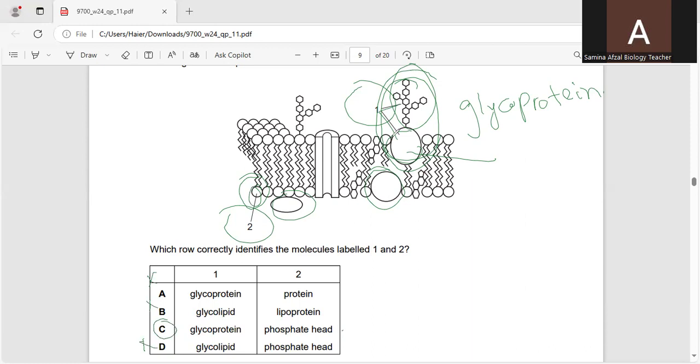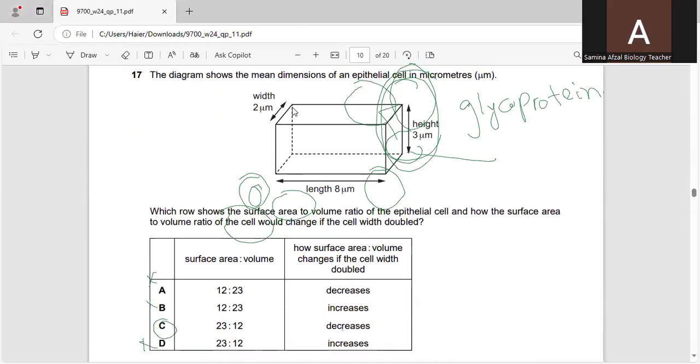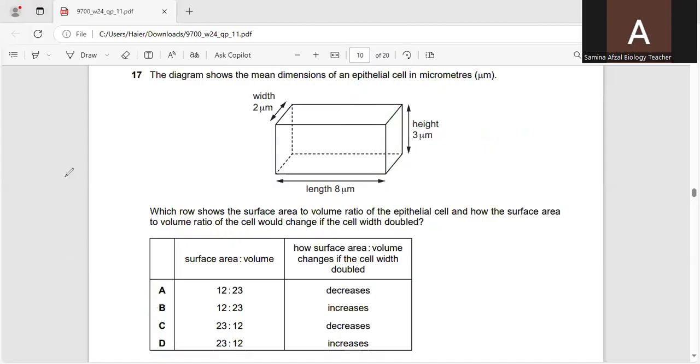Next question. The diagram shows the mean dimensions of an epithelial cell in micrometers.